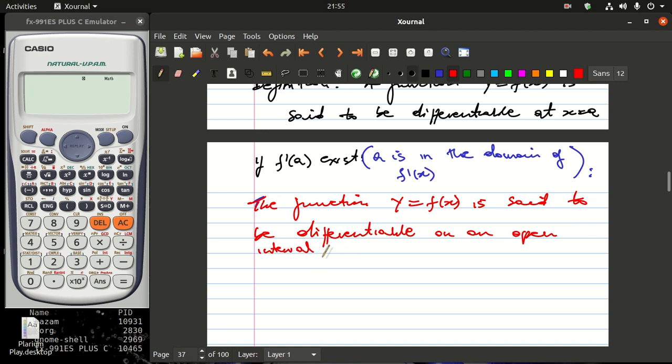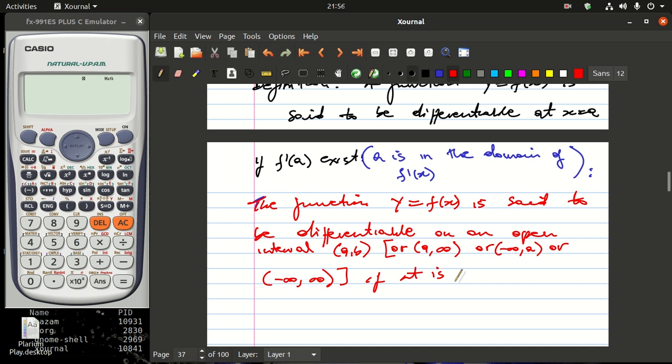It's said to be differentiable on an open interval (a, b), or from a up to positive infinity, or from negative infinity to a, or from negative infinity to positive infinity, if it is differentiable at every point in the interval.